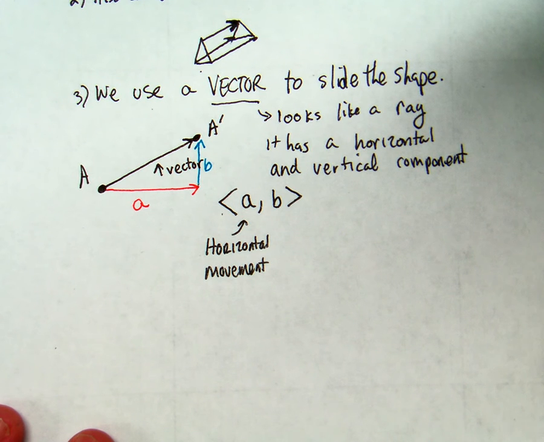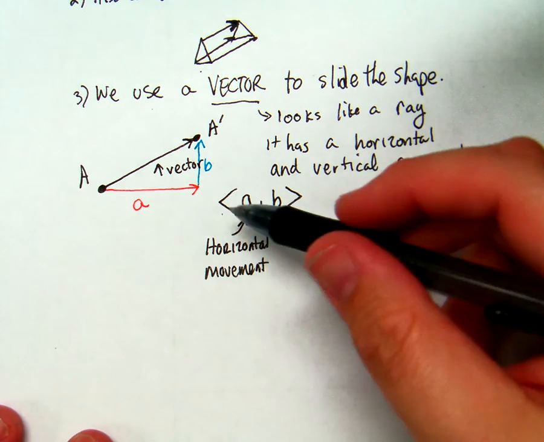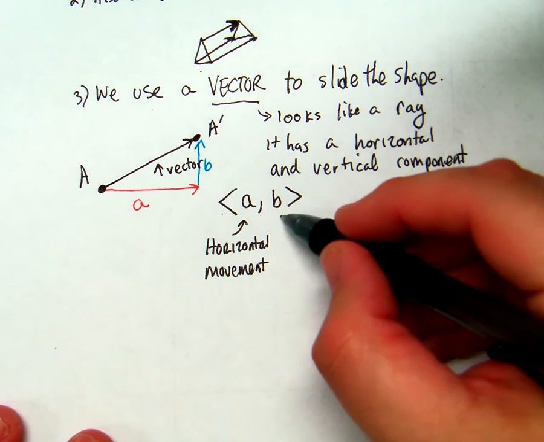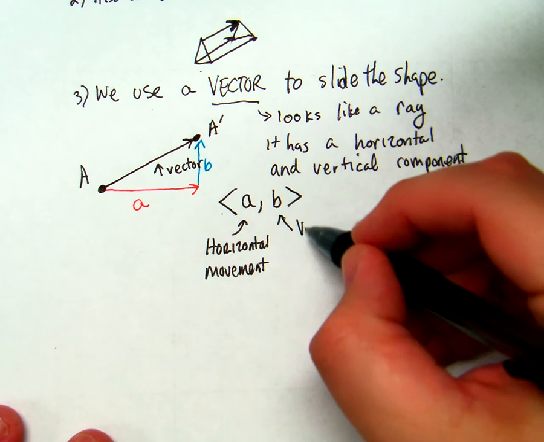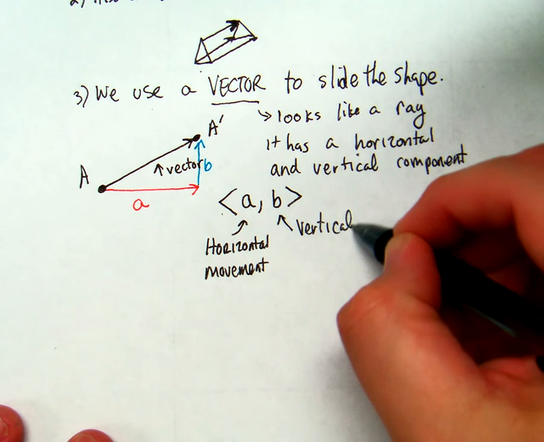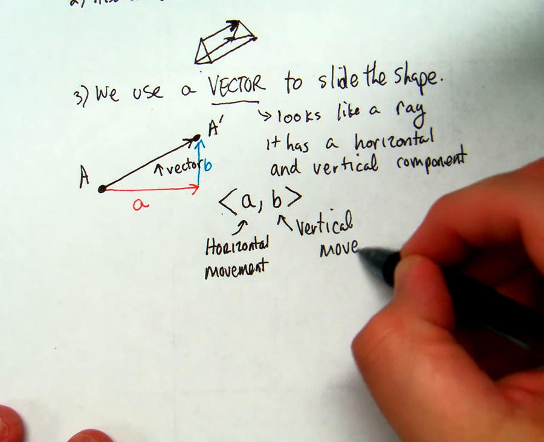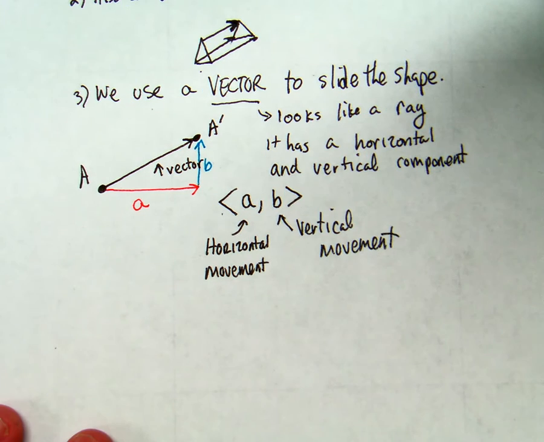So that's going to tell me how I'm going to change my x coordinate, or how I'm going to move in the x value. B represents your vertical movement. So B will tell me up and down.